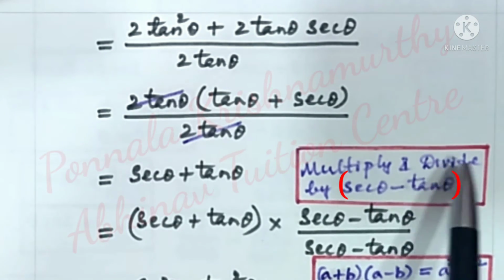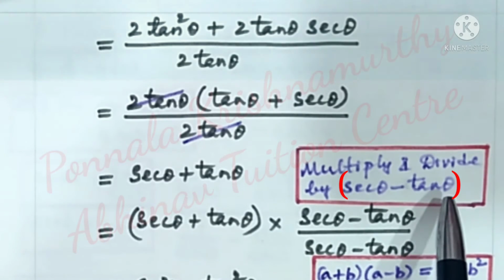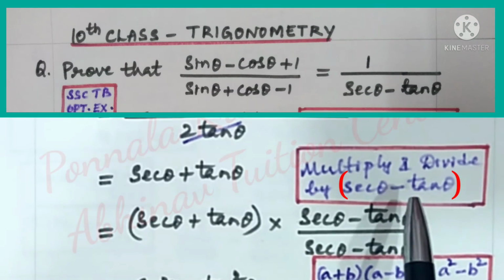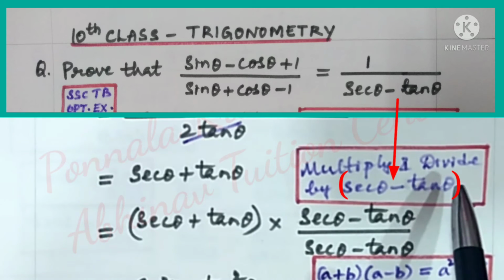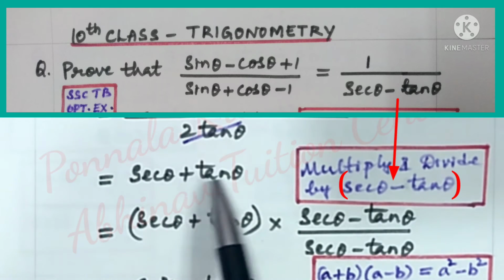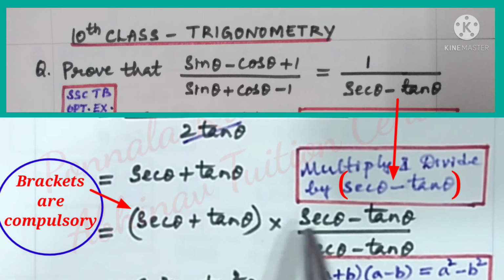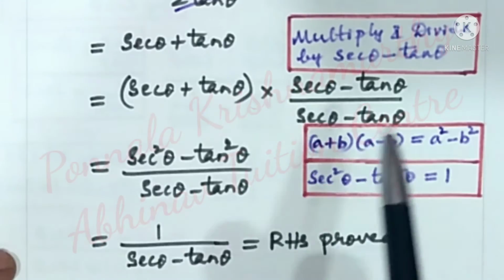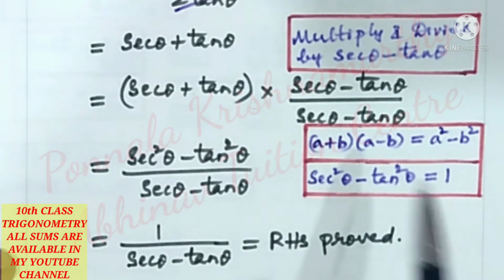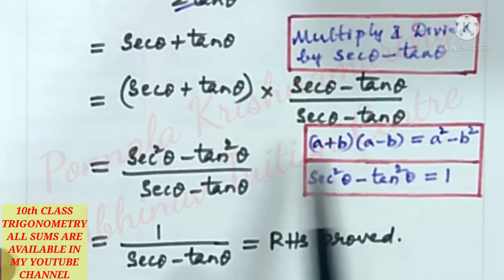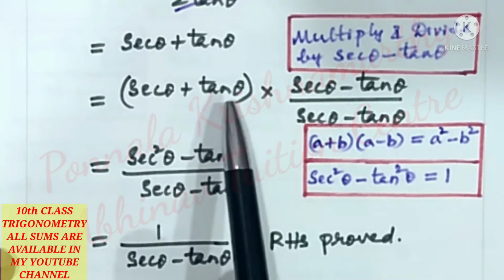Now multiply and divide by secant theta minus tan theta. Since we need secant theta minus tan theta in the denominator in the RHS, so we write (secant theta plus tan theta) into (secant theta minus tan theta) by (secant theta minus tan theta). This is in the form of a plus b into a minus b, that is a square minus b square. So a is secant theta and b is tan theta.